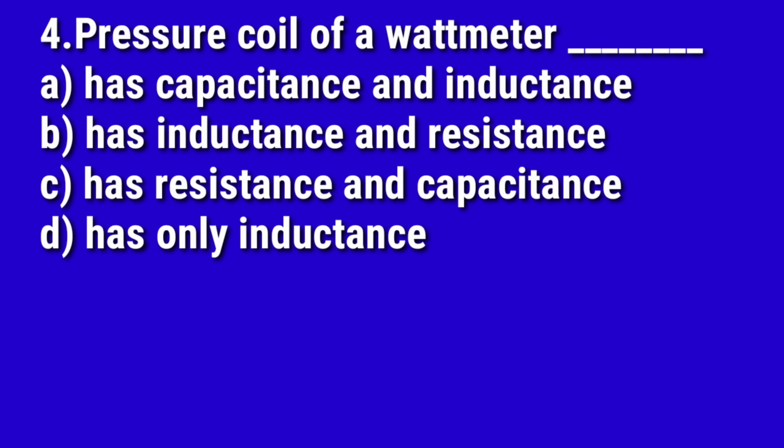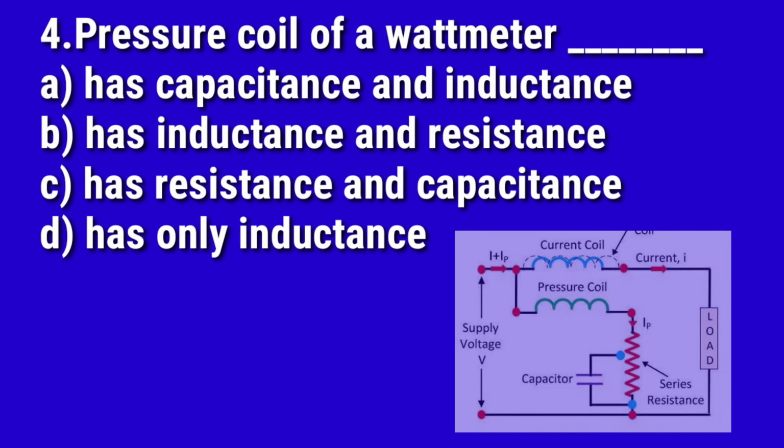The next question is: the pressure coil of a wattmeter A has capacitance and inductance, B has inductance and resistance, C has resistance and capacitance, D has only inductance. The pressure coil, also known as the potential coil, is connected across the source.